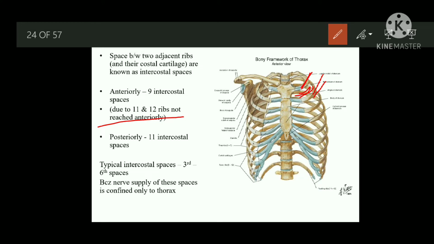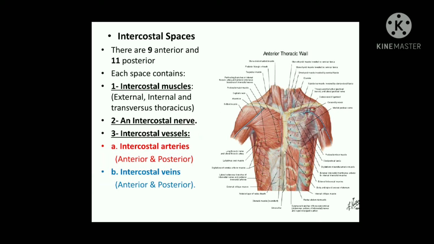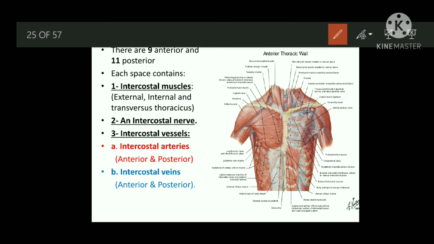So anteriorly there are only 9 intercostal spaces, and posteriorly there are 11 intercostal spaces. The typical intercostal spaces are the third to sixth, because the nerve supply of these spaces is confined only to the thorax.